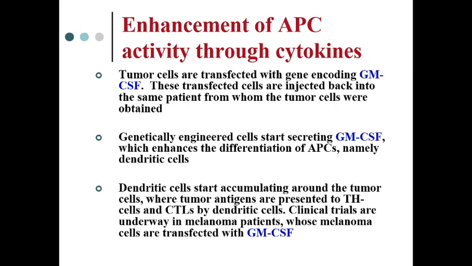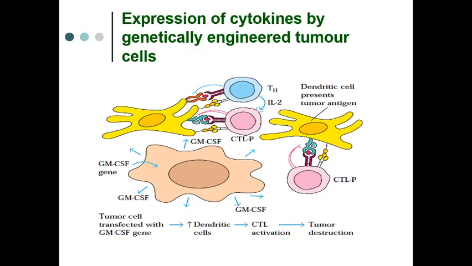act as antigen presenting cells, and they in fact enhance the growth of antigen presenting cells of the immune response, especially because of the secretion of GM-CSF by the tumor cells. One can induce a large number of dendritic cells as well as macrophages.